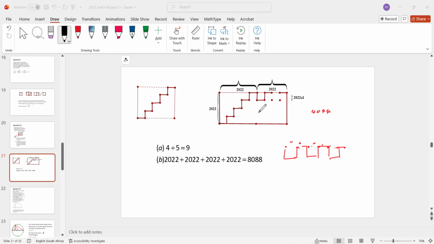In the end you've got 4 of these, up that way, that way, that way, and that gives you 8088. Look, this is not drawn to scale. This unit here is only 1 unit. The whole thing is 2022.